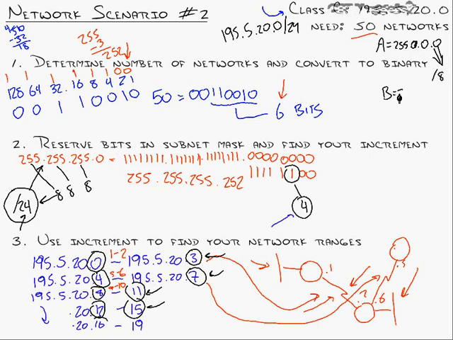A Class B subnet mask, 255.255.0.0, is abbreviated as a /16. Class C is /24. That's the bit notation. You're just looking at how many ones, 8 plus 8, or just 8 up here, is in the subnet mask. And the same thing works for these custom subnet masks right here.